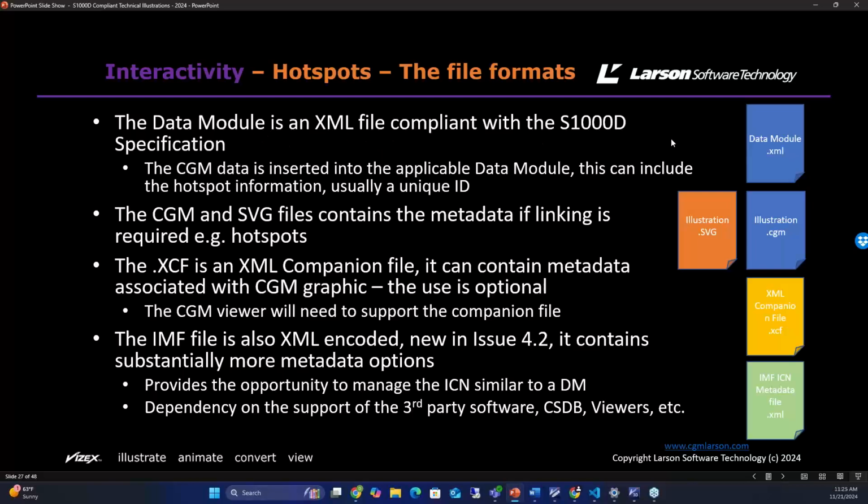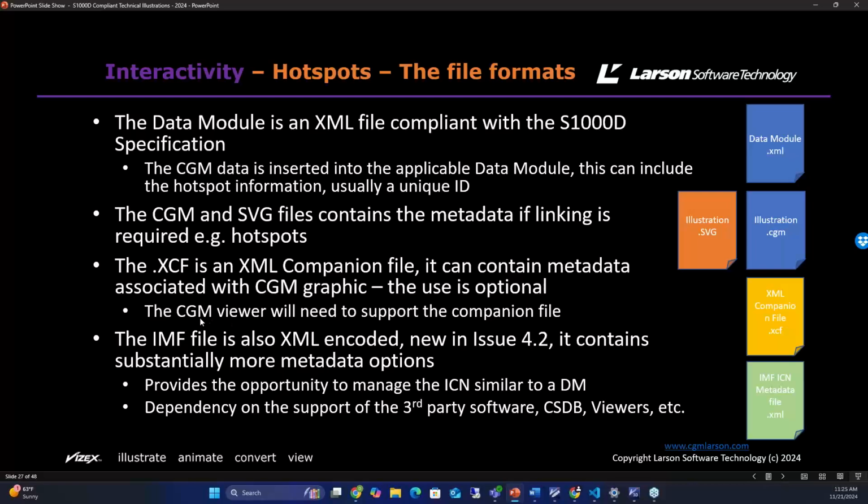So just in a bit more detail, we have the data module, the XML data module. The CGM or SVG data will be part of that or linked to that. The CGM and SVG would have the metadata for linking purposes. Doesn't have to, but it can. And then we have the companion file, the .xcf, which is part of the spec. I've not actually put a reference to that, but you can look it up.